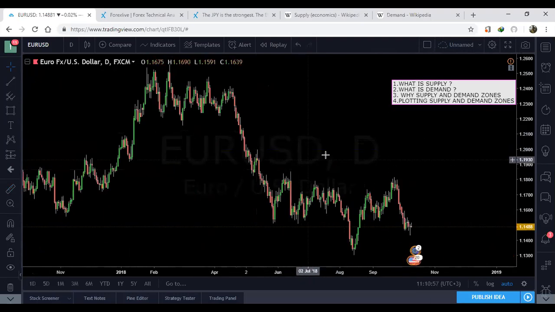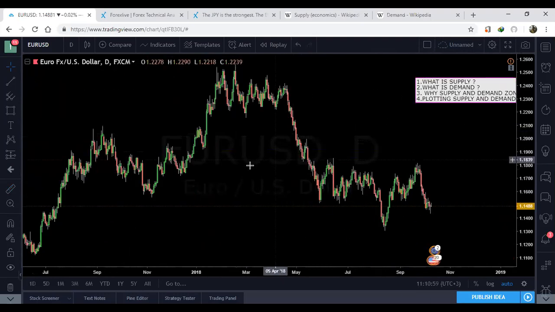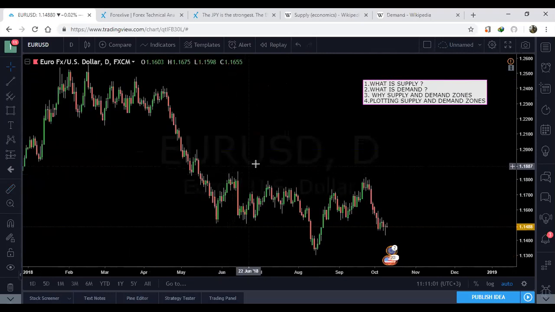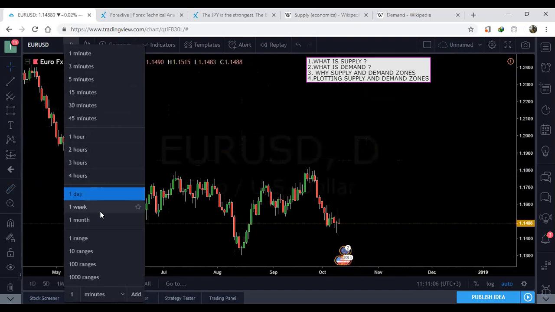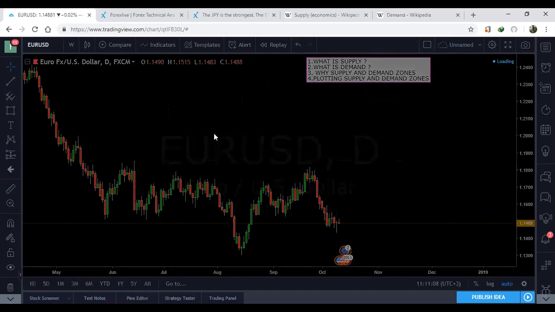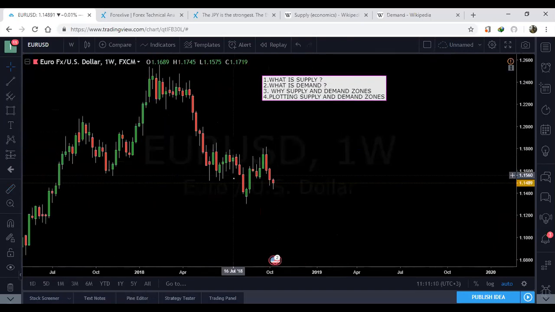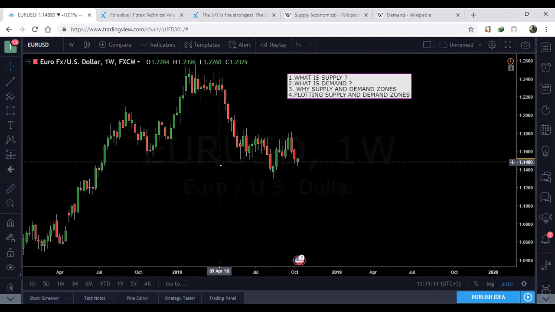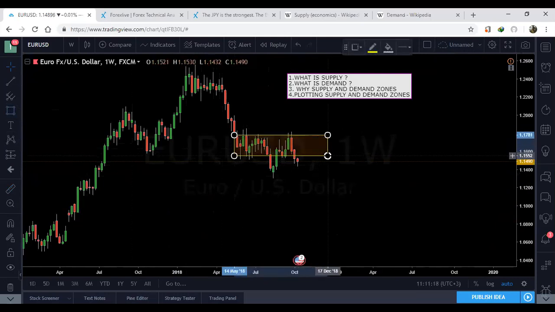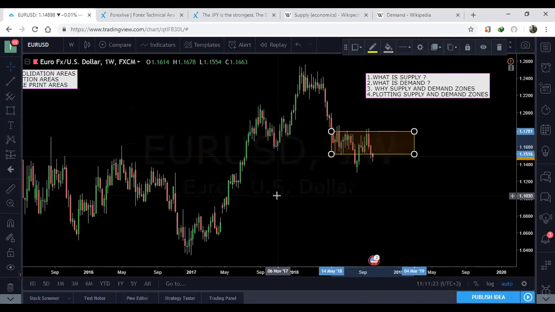So how will you use the supply and demand zones in your trading if you're an intraday trader? I don't know, maybe you're a swing trader. If you're a swing trader, I advise you to use the supply and demand zones on the weekly time frames. So on the weekly time frame, all this area is an area of interest.